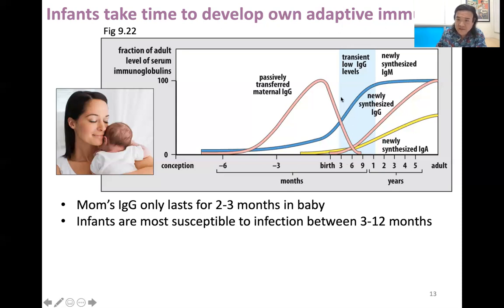But at least we evolved to provide our babies protection, because if we have been exposed to these pathogens before in our environment ourselves, there's a very good chance that our newly born baby will be exposed to them as well, so that we can at least protect them by giving them these immunoglobulins directly.